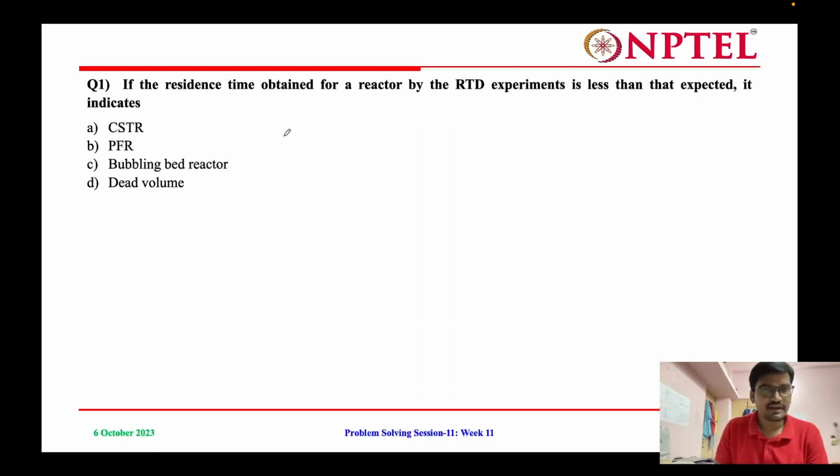The dead volume of the reactor does not contribute to the reactor functions. The entire volume of the reactor is the sum of active volume and dead volume. So it indicates the dead volume.